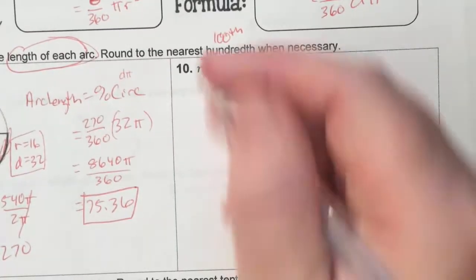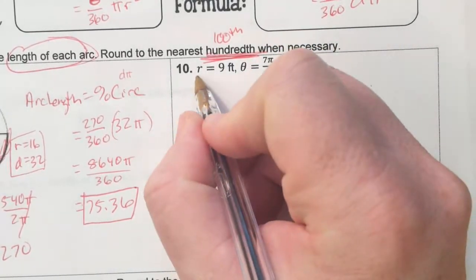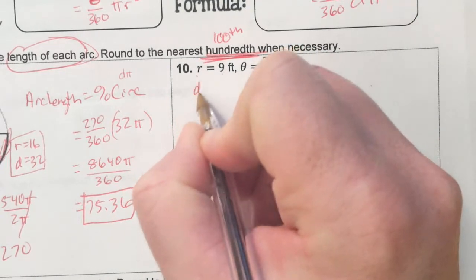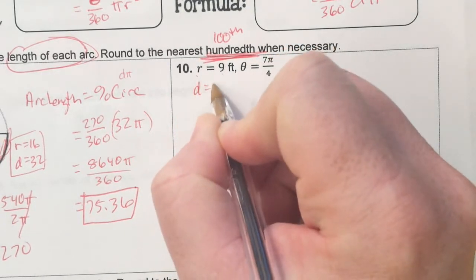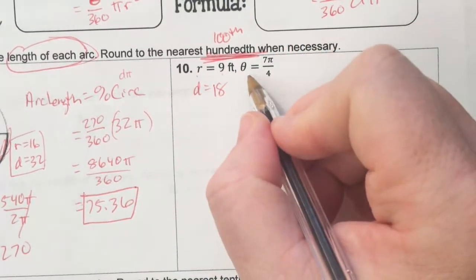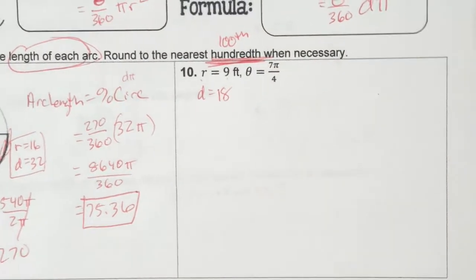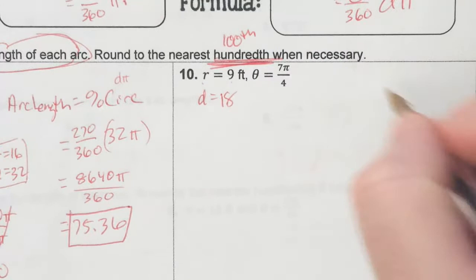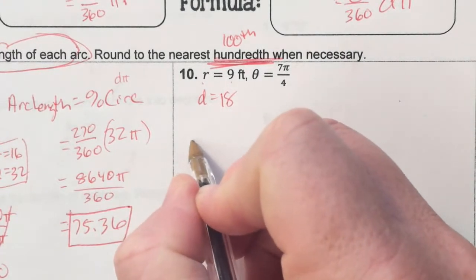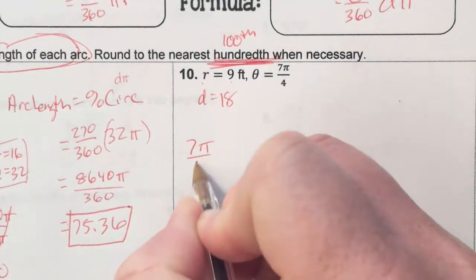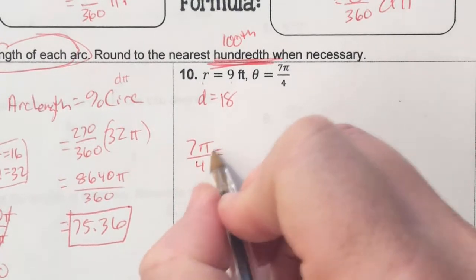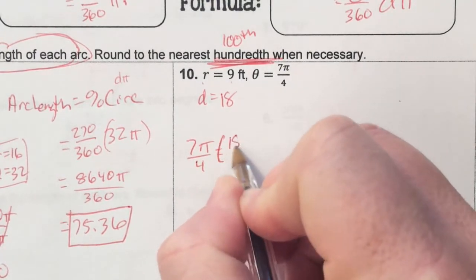Number 10. Okay, so radius is 9, so what would be the diameter? That would be 18. They said the angle is 7 pi over 4, but we always want to have it in degrees anyway, so what's that really? So 7 pi over 4 is equal to, we're going to multiply by 180 divided by pi.